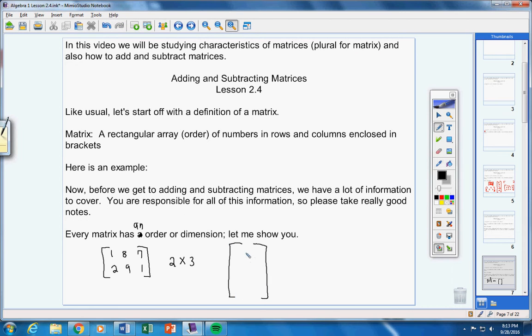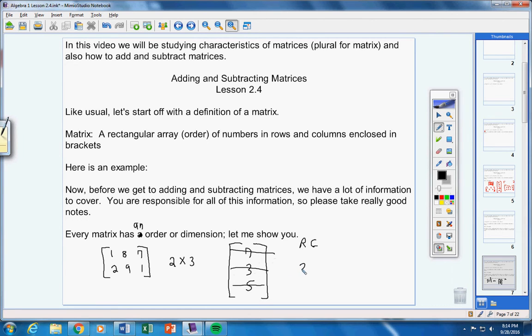What is the dimension of this matrix? Or what is the order? Well, what comes first? The rows. Rows, then columns. So how many rows do I have? 1, 2, 3.